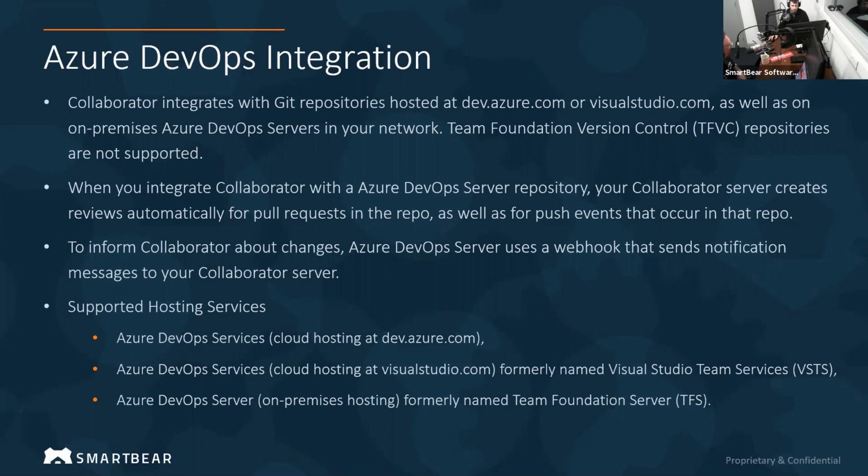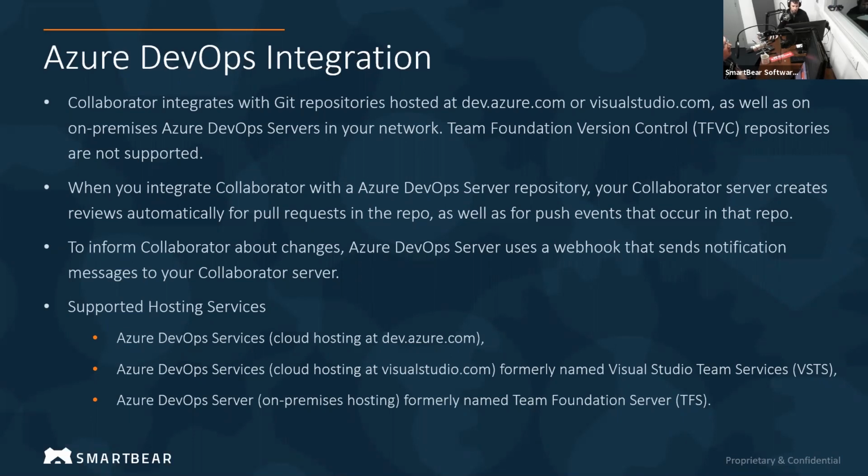Collaborator has been on the block for quite a while now. An old hand, yes. Yes, absolutely. And there's an awful lot of large scale customers in a lot of different industries that use Collaborator in order to help assure their software quality throughout all of the phases of their SDLC and through to release.